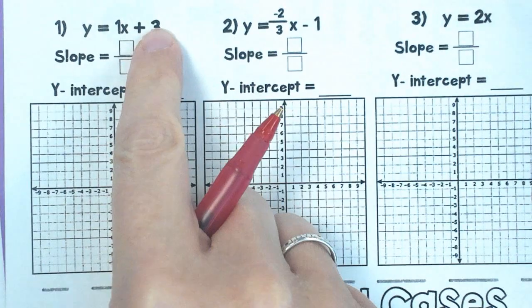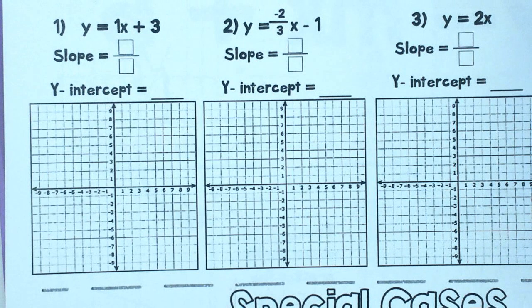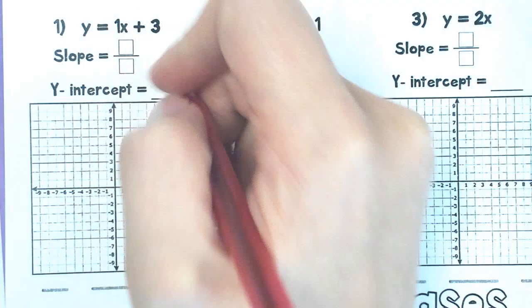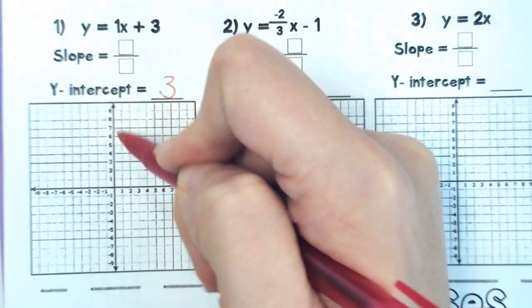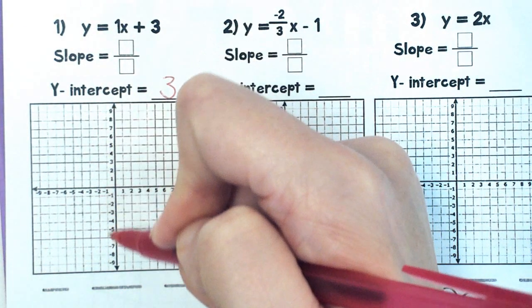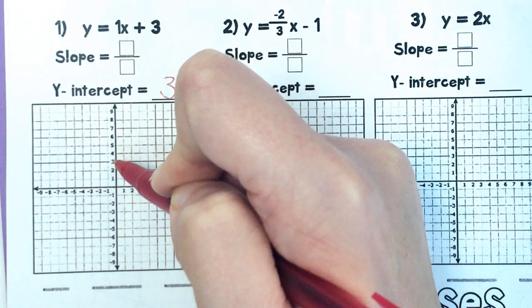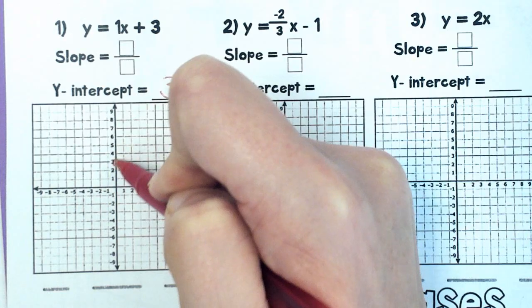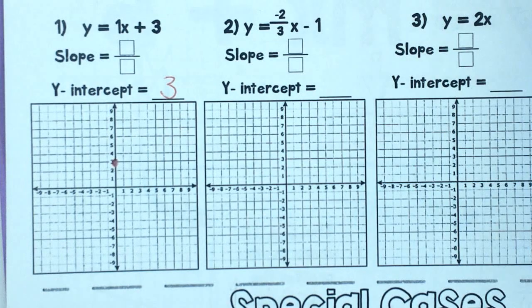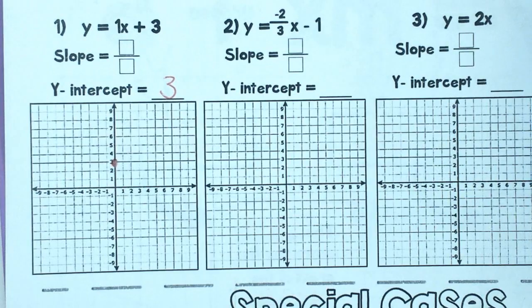So for number 1, what is my y-intercept, Hallie? 3, very good. So on my y-axis here, it's positive 3. So I'm going to go up to positive 3 and put a point. That's where I am beginning. Everybody put your point where you're beginning.